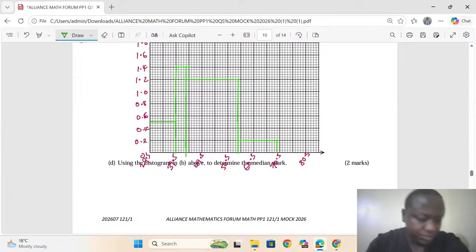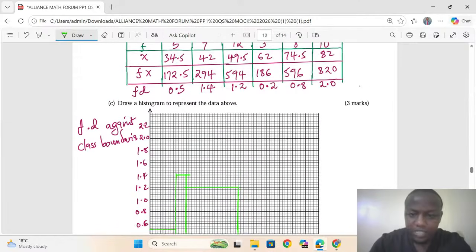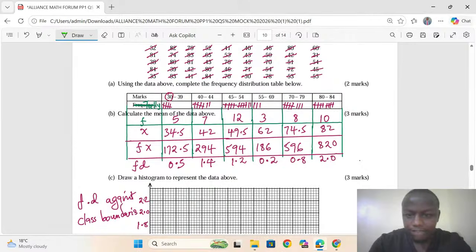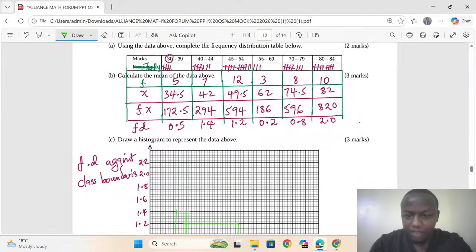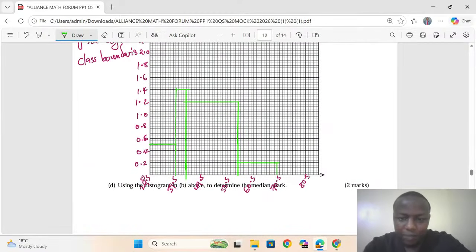That way. From 69.5 all the way to 79.5, height 0.8. So 0.8 is there, like that.